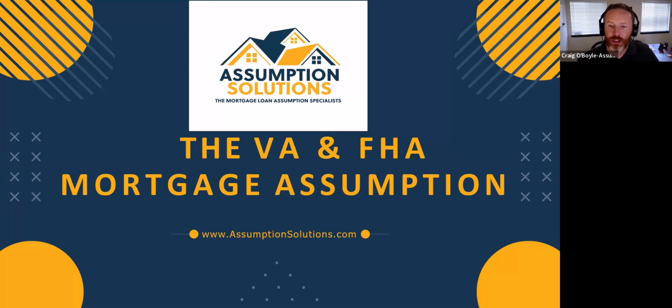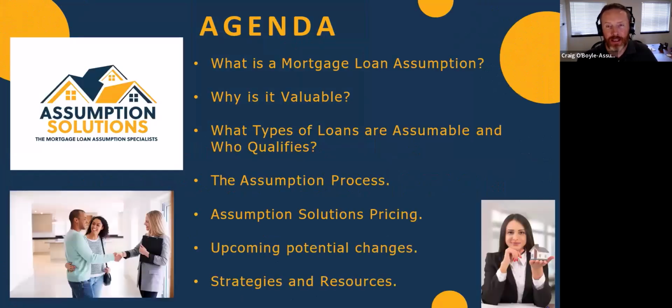So well, let's jump right in here. The VA and FHA mortgage assumption process. We'll talk about what is a mortgage loan assumption, why it is valuable, what type of loans are assumable and who qualifies. Then we'll talk about the assumption process that goes from contract to close that we help take you through as a company.